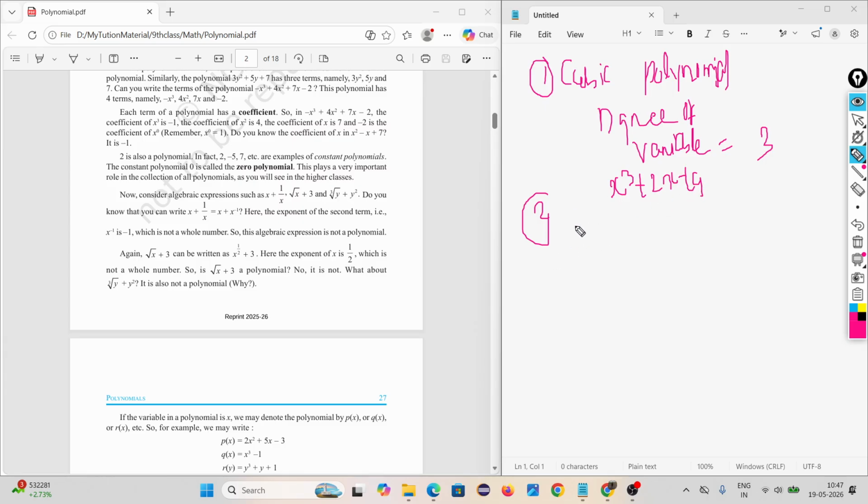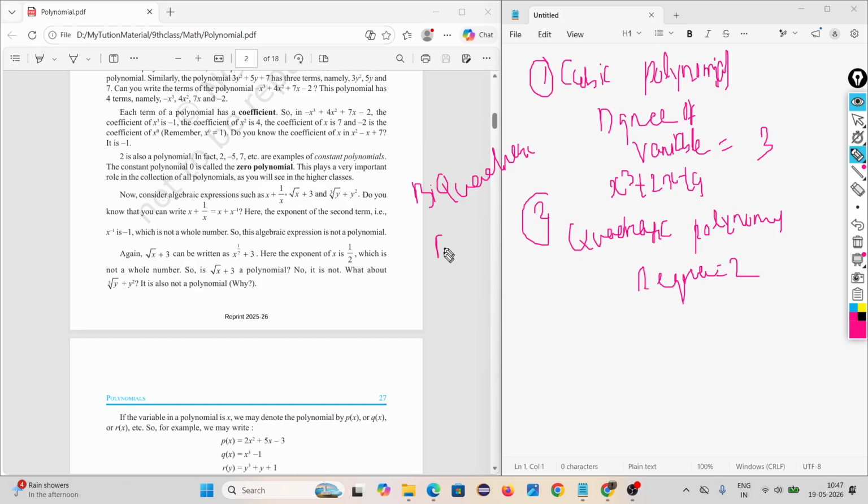Then quadratic polynomial, degree 2. Then biquadratic polynomial, where degree equals 4. Then linear polynomial, degree 1.